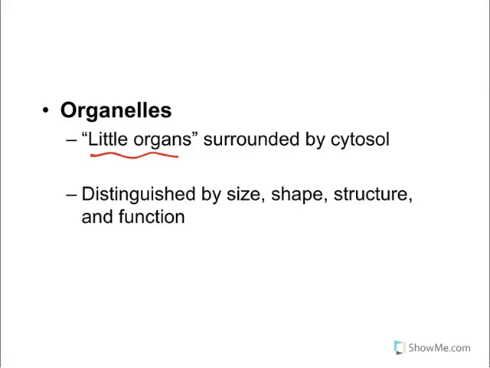And of course, those organelles are surrounded by that cytosol, that gel-like substance. We're going to go through each of these organelles, and we can tell them apart from each other mostly by function, because to me, that's the most important thing. But you can also tell them apart by size, shape, and structure. But really, function is the most important thing there.